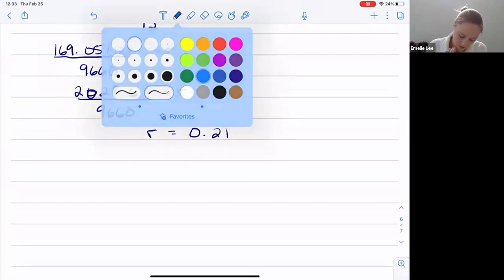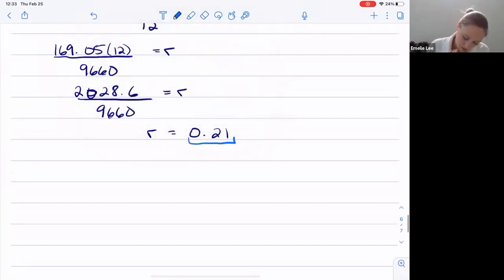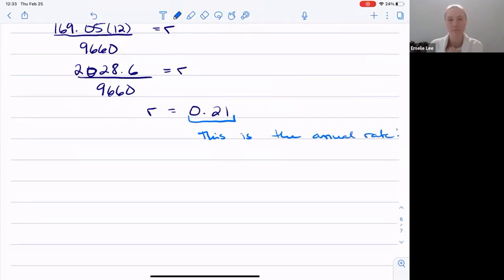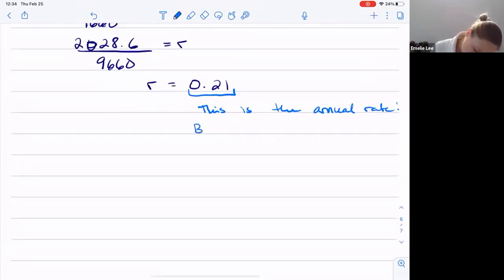Right. This is the annual rate. Okay. So this is the annual rate, but we want monthly.